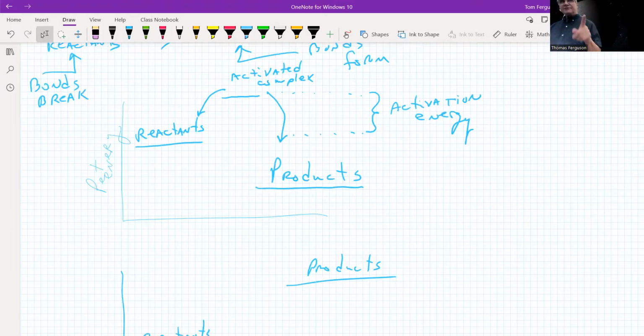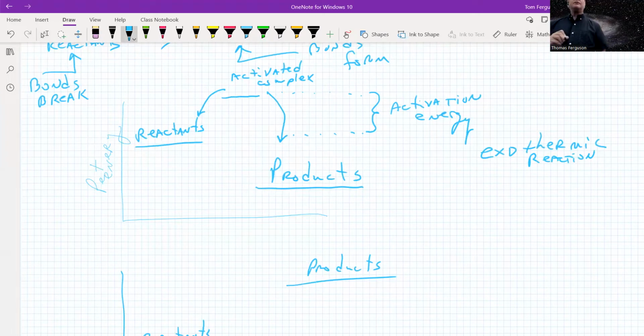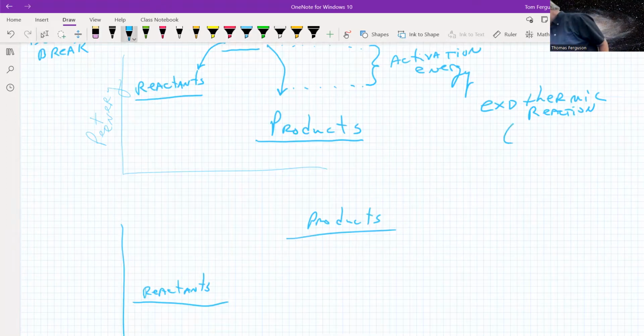So this reaction here, because the products have a lower potential energy than the reactants, this is called an exothermic reaction. That means if you're holding it in your hand, it'll get hot because it's sending energy out of the reaction. And if you're holding it, that means your hand's going to receive it. Think of hot.